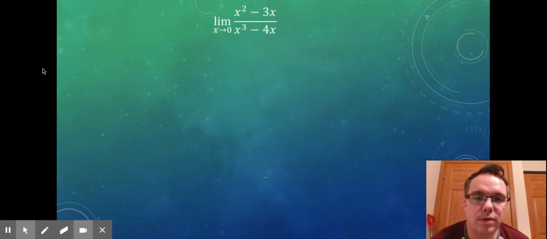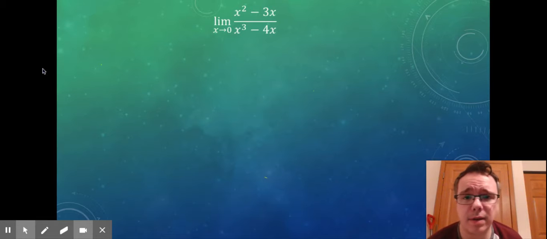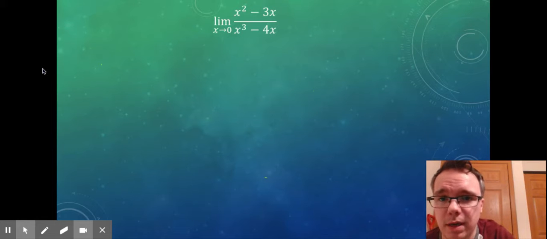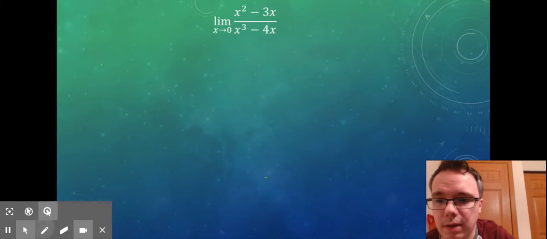So we have to do some factoring, but we have x squared minus 3x with nothing afterwards. So we have to remember that we can also pull out a greatest common factor to factor. So on the top, we can pull out x.